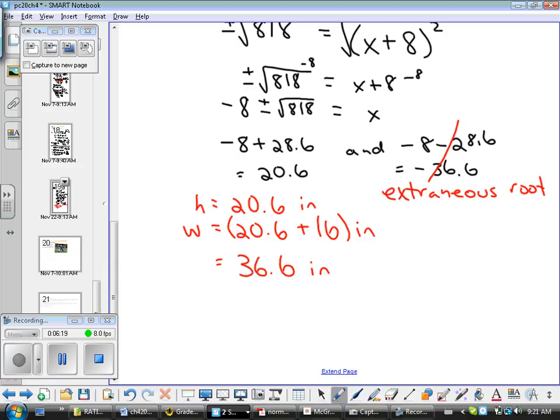Okay, so if we wanted to write it in a sentence, the dimensions of the 42-inch television screen are approximately 20.6 by 36.6 inches. And you can check it by putting those back into the Pythagorean theorem, okay, and making sure that they equal approximately 42. And we did round slightly, okay, but make sure that they equal approximately 42 squared, okay, and you should find that they do.